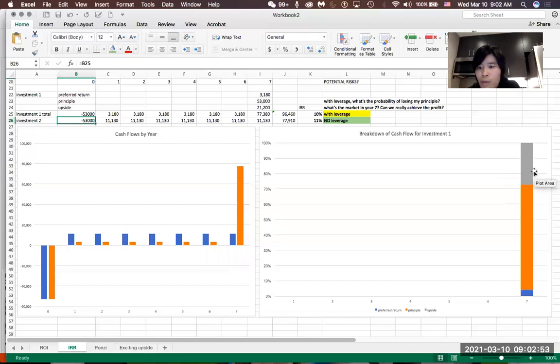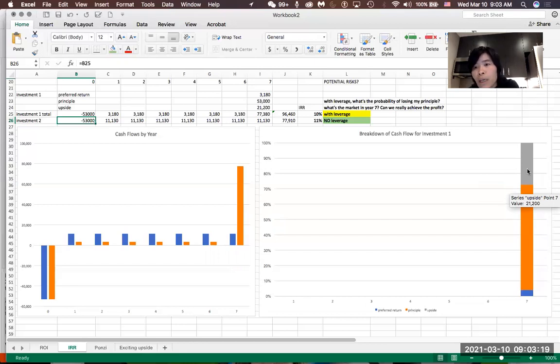Not to mention the gray part, which is the upside, right? Because if you lose your principal, there's no upside for you, right? Okay, let's say there's no losing principal, but the market is still not good, right? In year 7, if that is the case, then probably the property will not sell at the expected high price.